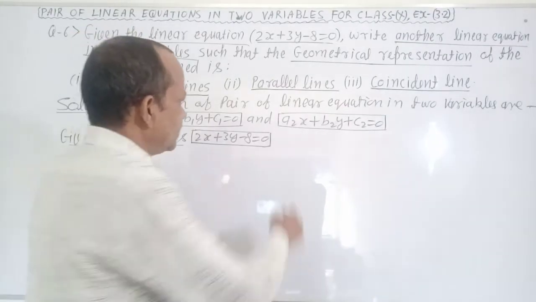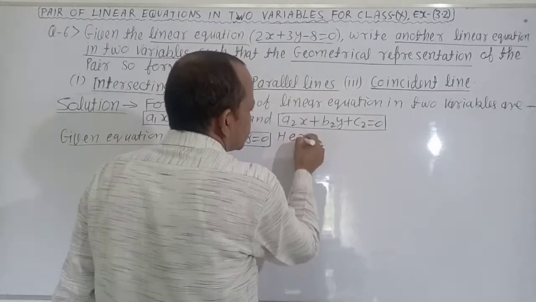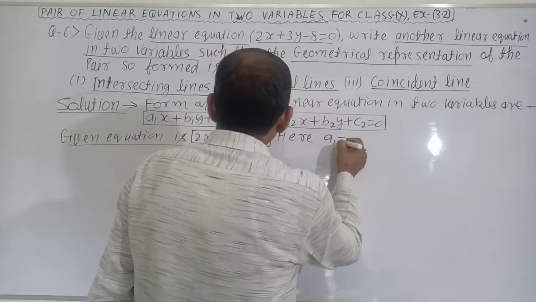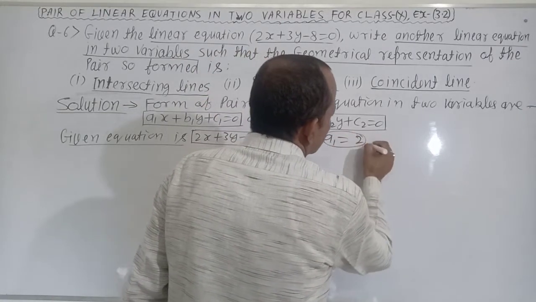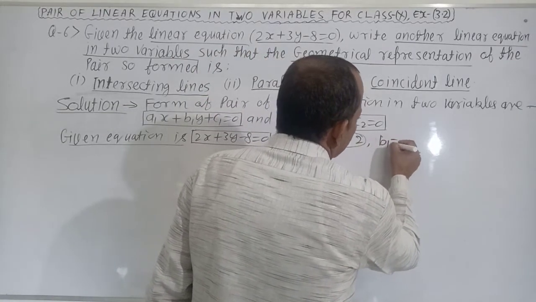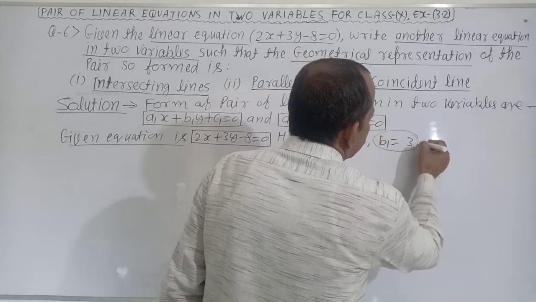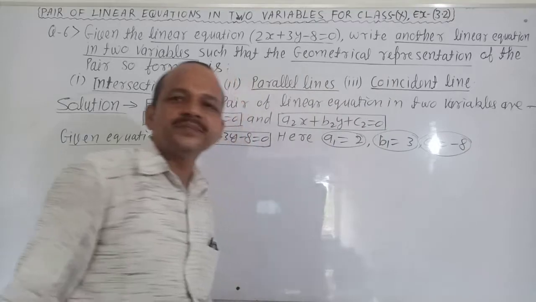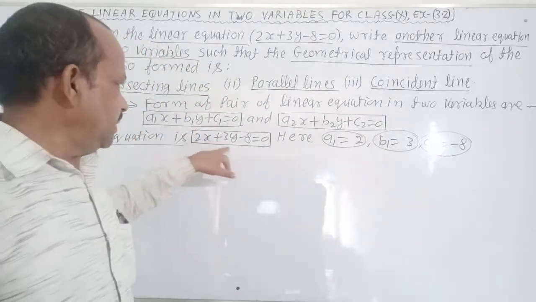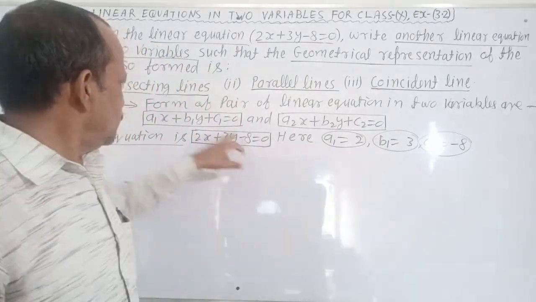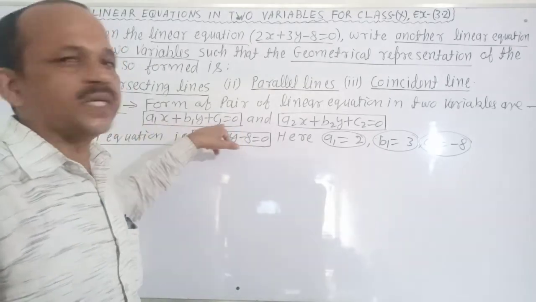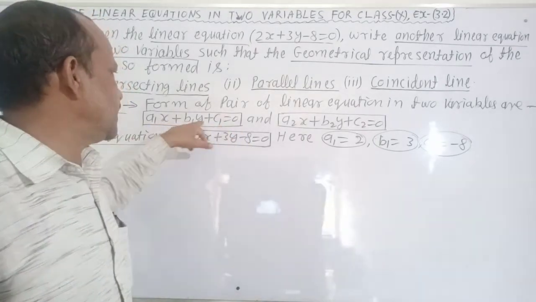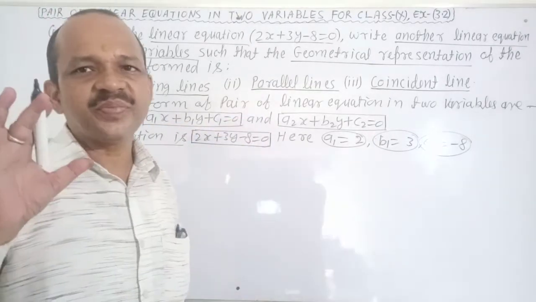Clear? Here a1 equal to 2, b1 equal to 3, c1 equal to minus 8. A1, B1, C1 according to the form of a pair of linear equations in two variables, a1x plus b1y plus c1 equal to 0. Clear?